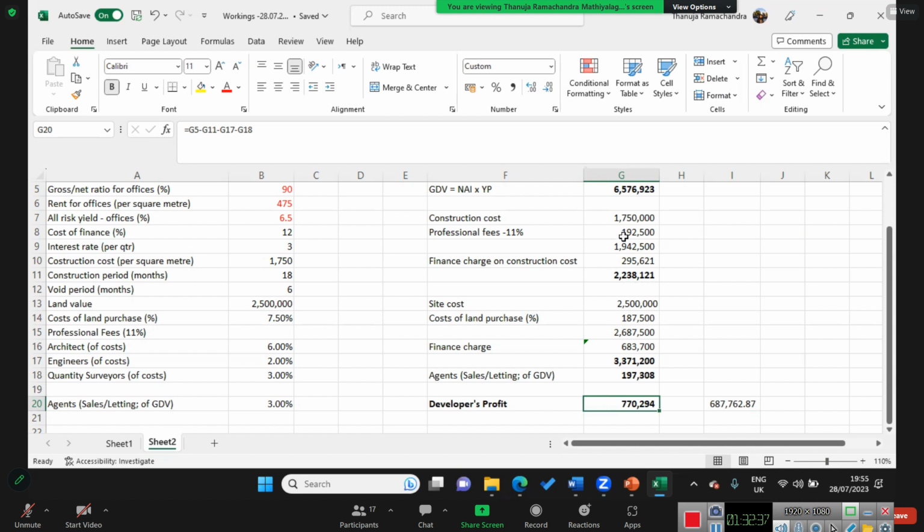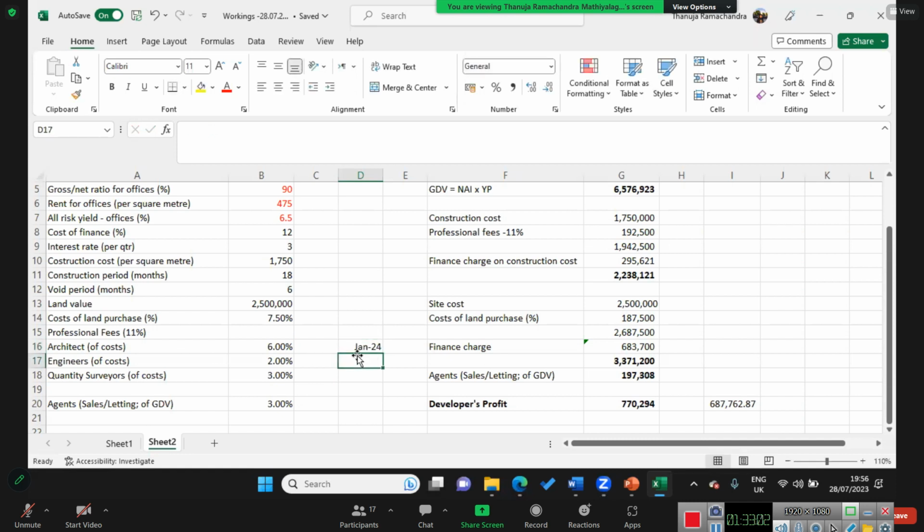Again, see construction. The use of this is, for example, say 2 years is the time period, and let's say we're starting in January 2024, right? Construction.